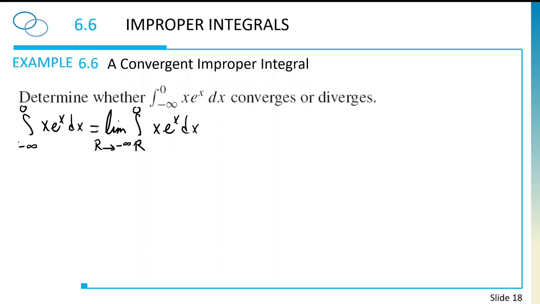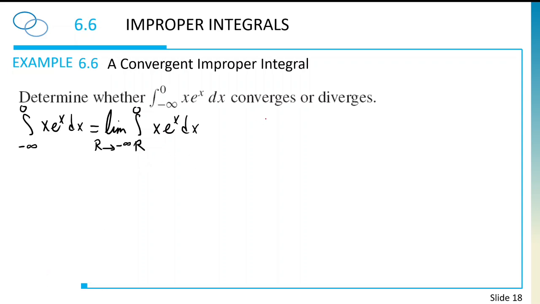Now the first step, I checked the continuity and used the definition. Now I need to do the integration. This is x e to the power of x. So remember, this is like section 6.2. We need to use integration by parts. Okay, let's do the integration by parts here.